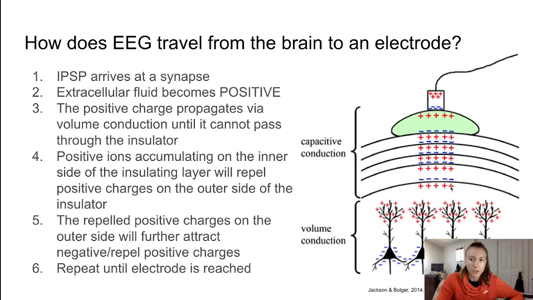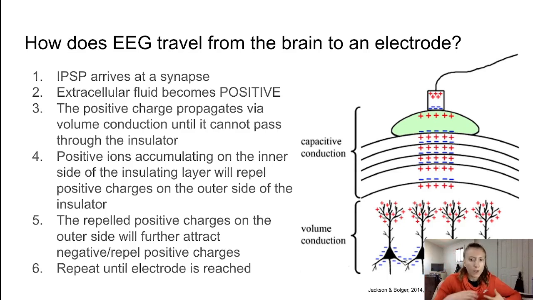So if there's positive charges here, it's going to attract the negative charges present in the next layer. This, in turn, will then repel the negative charges. So we get positive building up here. The positive will attract the negative, so on and so forth. That will happen at each layer until we get to the electrode.